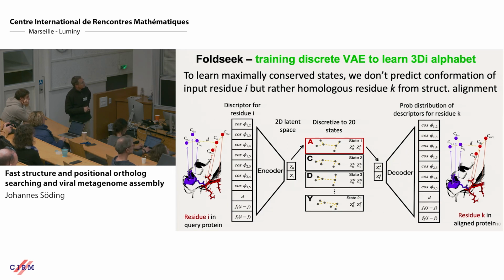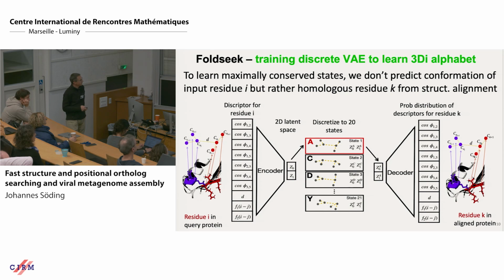But now instead of trying to predict the input structure again, which variational autoencoders do by default, we made use of the fact that we have homologous structures that we can align, and we want to learn particularly states that are as well conserved as possible. So we need to put in information about conservation. This information is contained in pairs of homologous residues, where one belongs to one structure and the other to the other structure.